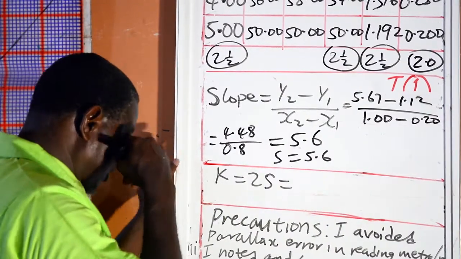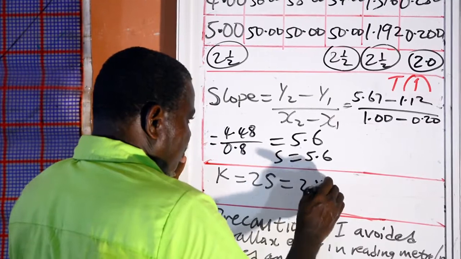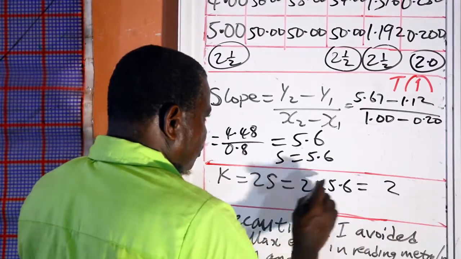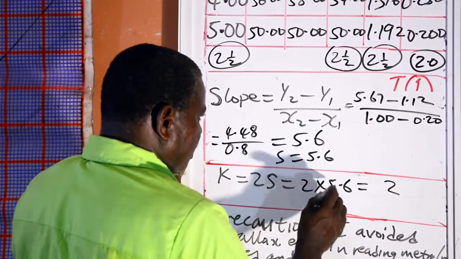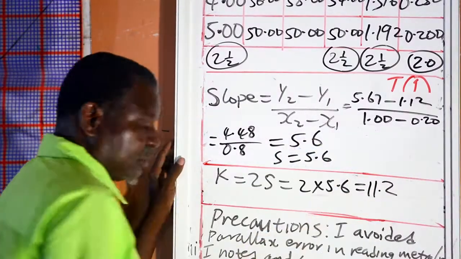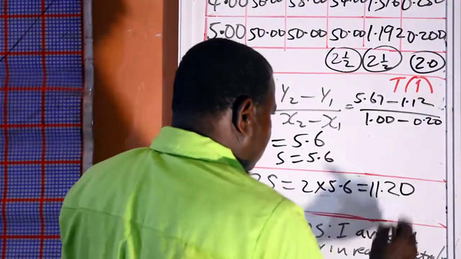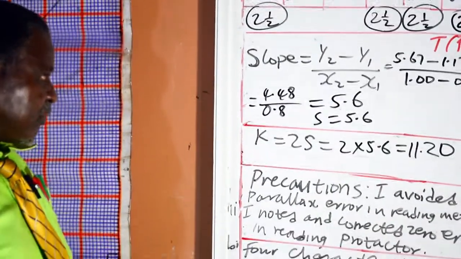We are directed to calculate k is equal to 2s, where s is the slope. 2 times 5.6 will give us 11.2. That's our k. Then our precaution: ensure the meter rule is fully parallel.